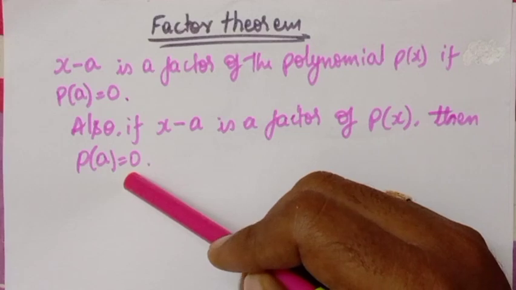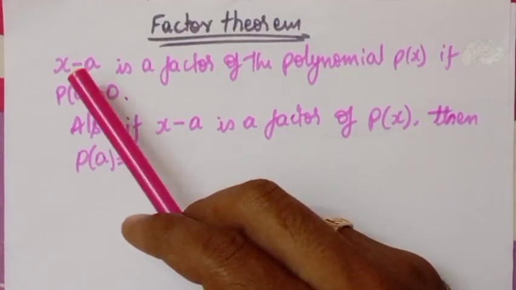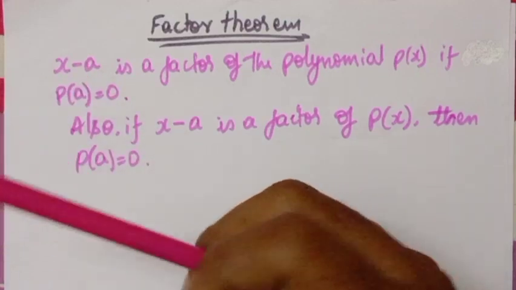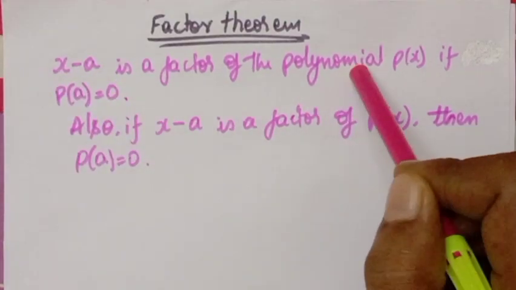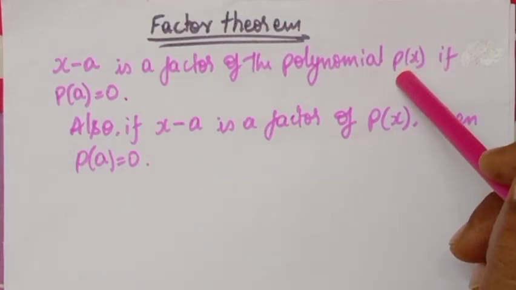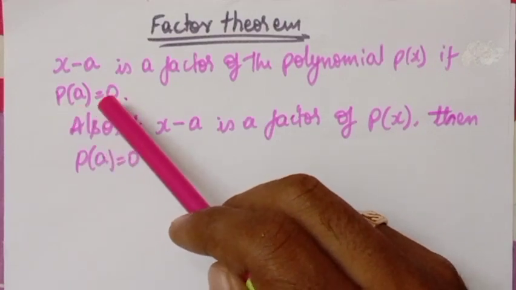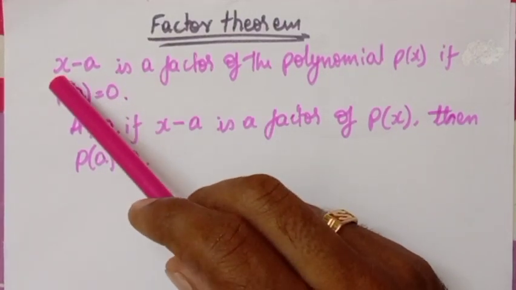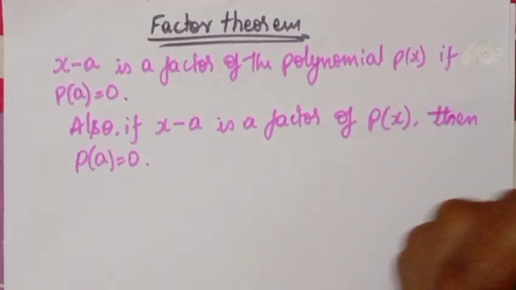You should remember here that in this binomial, if we substitute the value of x in the given polynomial p of x, if p of a is equal to 0, then x minus a is a factor of the given polynomial.